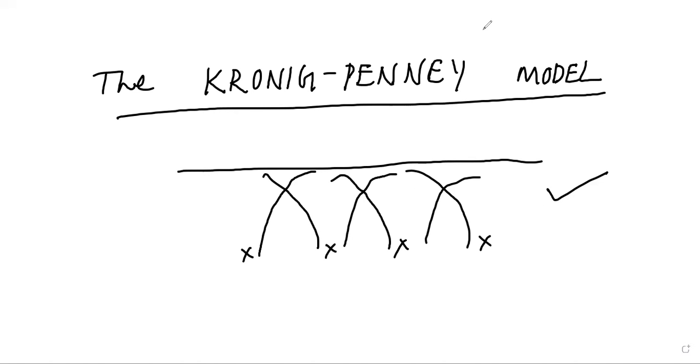Then we can see what results we get from this model. So let us take this model to be a series of potential wells separated by potential barriers like this.